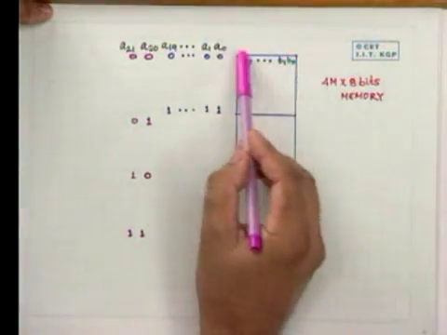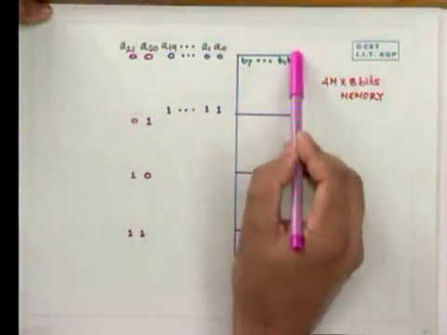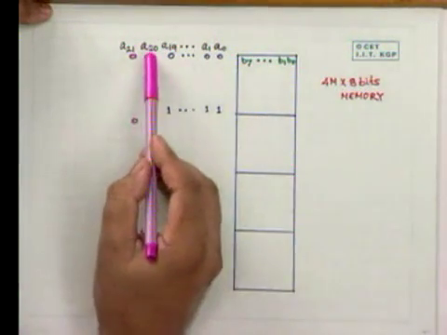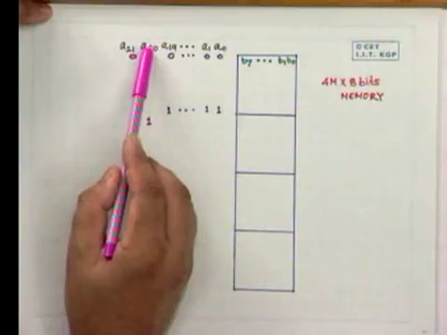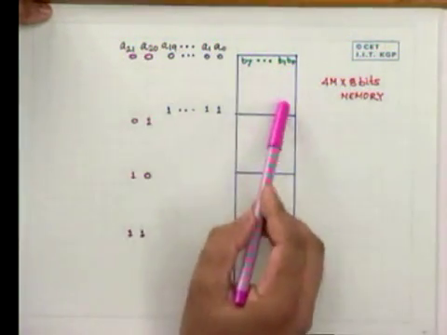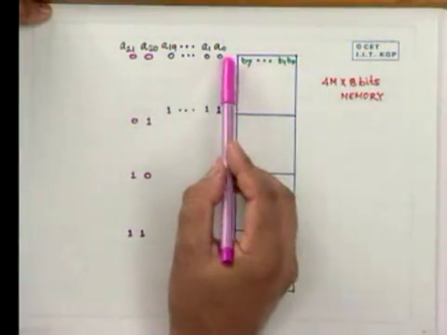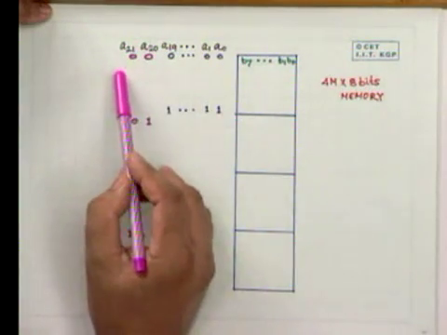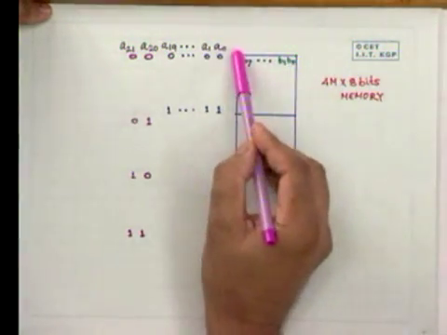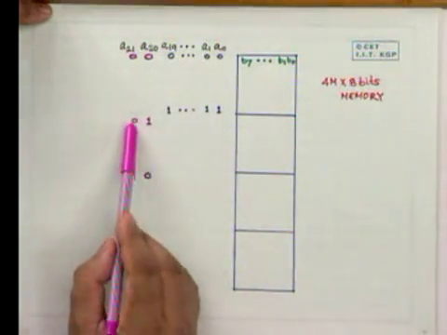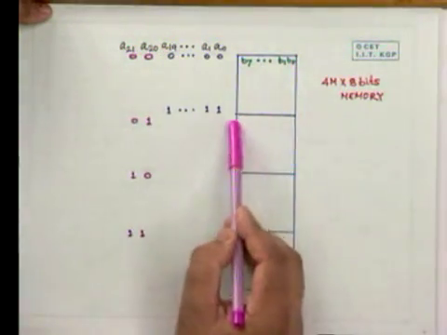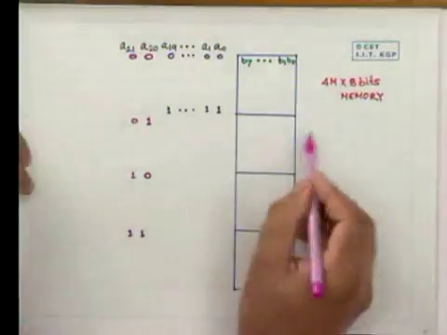And so far as the total is concerned, we are putting 2 more address bits, A20 and A21. For this one, A20 and A21 will be 00. If it is 00, it means that this 1 megabyte I am addressing. If it is 01, this megabyte I am addressing.